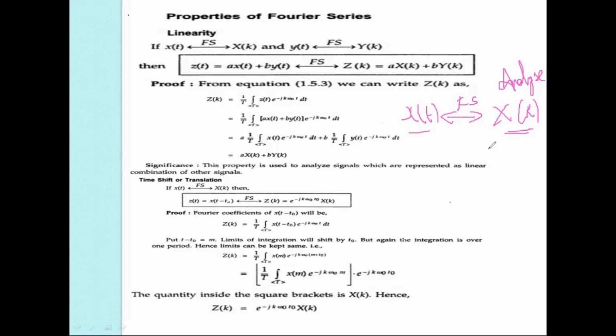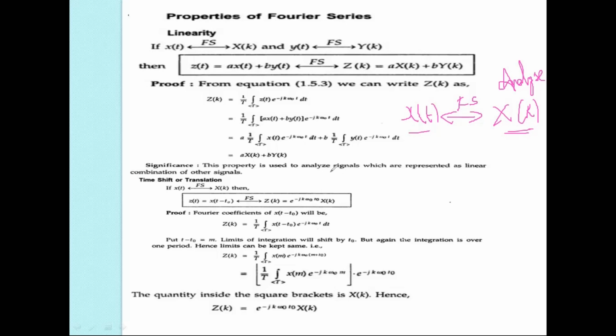The first property in the Fourier series, we already discussed this one. Again, you can go for the first property, the linearity property. So x of t and X of k have the Fourier series relation, as x of t is a signal and X of k is a coefficient of the Fourier series.